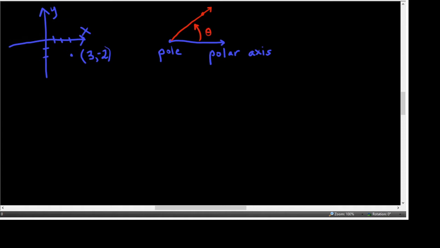And the distance from the pole to our point will be r. And so the coordinates of this point involve those 2 variables. The order in which we put those is always r, then theta: (r, theta). All right, so that's the basic introduction of the polar coordinate system.